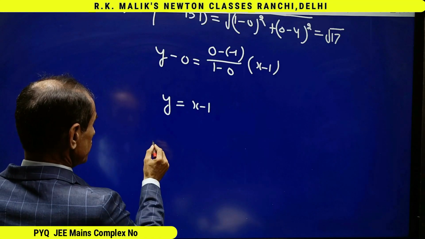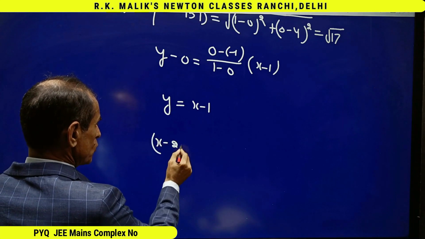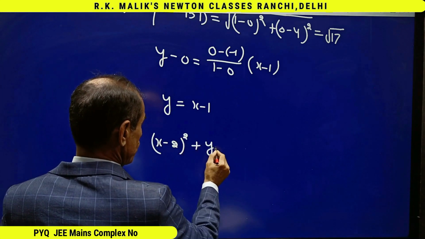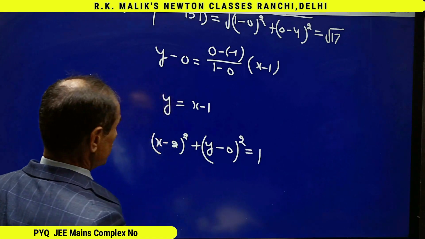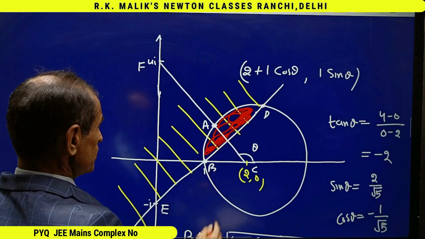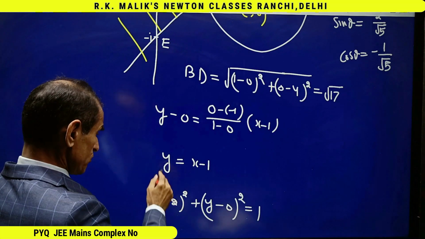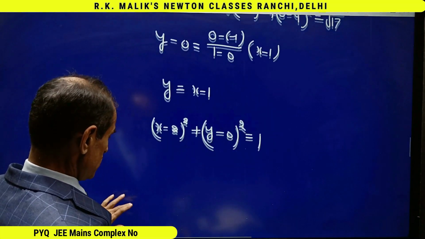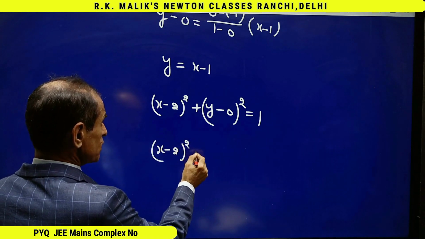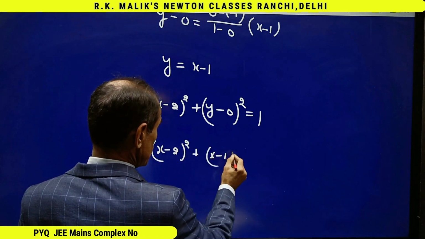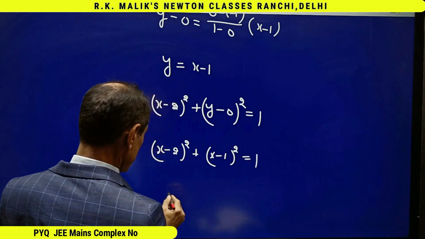Clearly this is a circle with center 2, 0 and radius 1. Hence the equation of circle will be x minus 2 whole square plus y minus 0 whole square equal to 1. And now to find the point D, I solve these two equations simultaneously. I get x minus 2 whole square plus (x minus 1) whole square equal to 1.